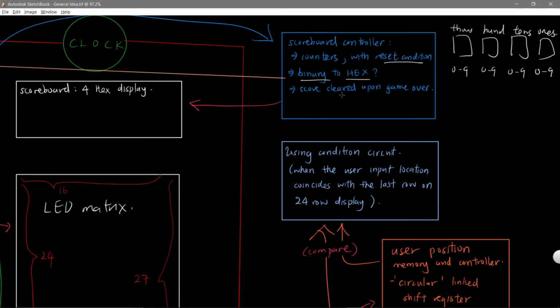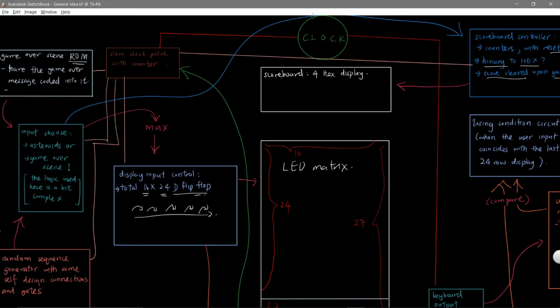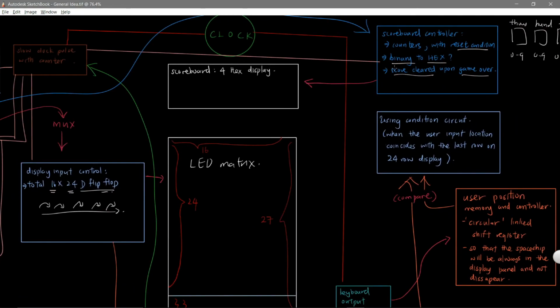And then you want it to clear the score upon game over condition. So what you actually want is the input choose. It sends a game over condition over to the scoreboard. So you see it's interconnected, right? And then this will give instruction to the scoreboard on how to display the score, on what score it is.